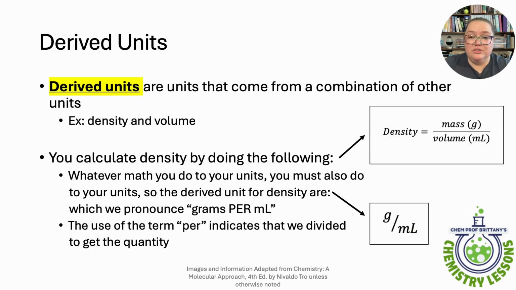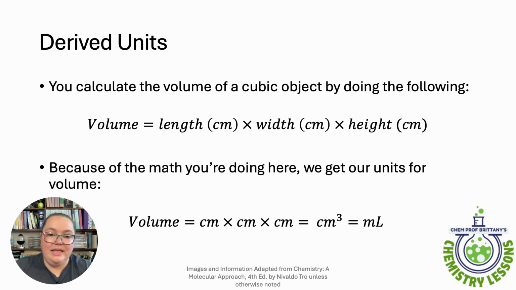Another example of a derived unit is volume. If you recall, there was no standard unit for volume, so instead we have to derive that unit from our length. So we had meters for length. In this case, I'm going to use centimeters, but I can get the volume by doing the length times the width times the height, which gives me centimeters times centimeters times centimeters, or centimeters cubed.